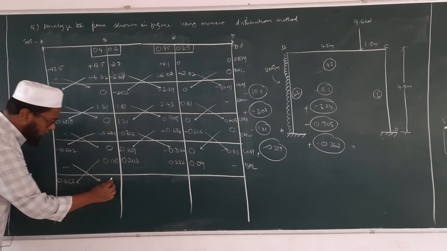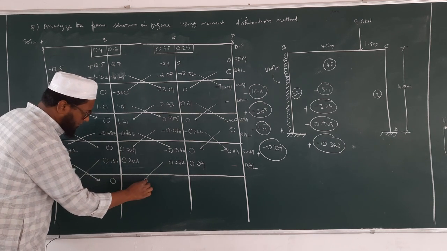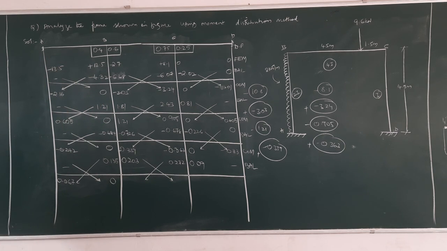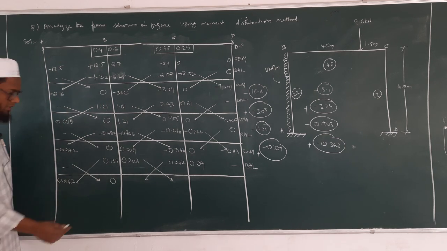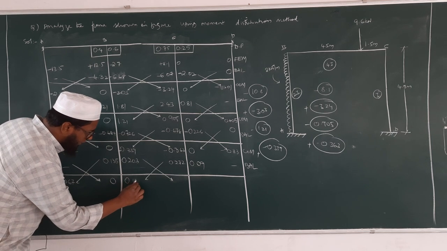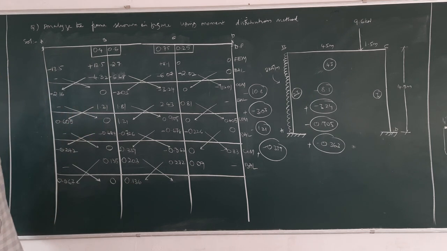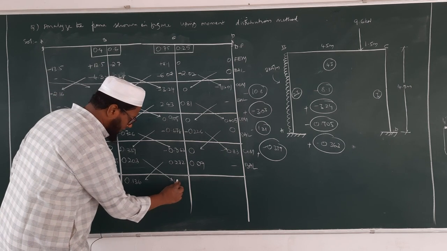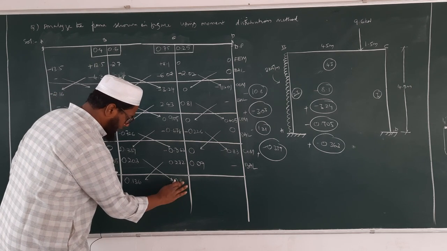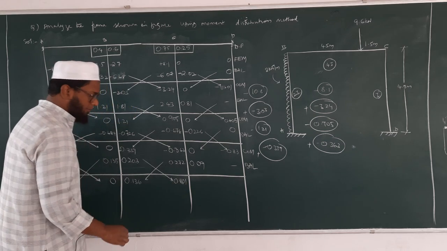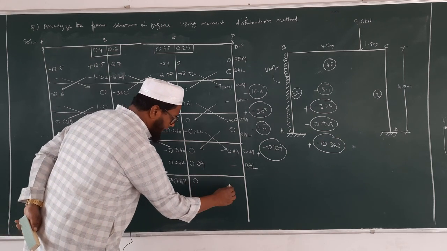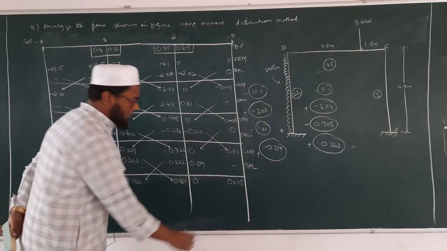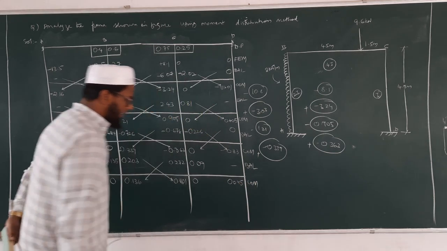Next is 0 here, 0.11613, 0.136, right? Next here 0.101. This is 0 and here it will be 0.045. So this is carryover moment.